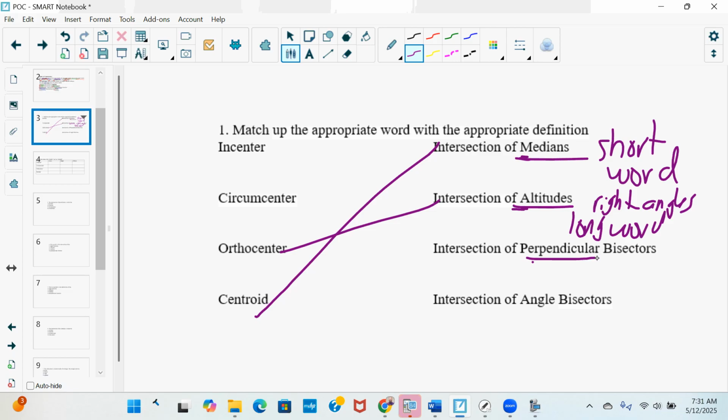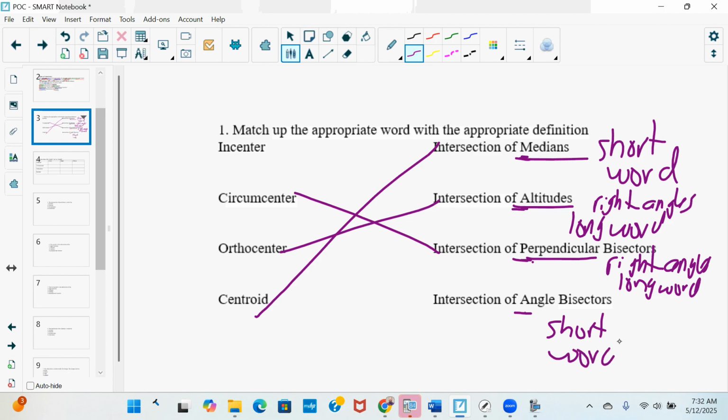Perpendicular bisector, right angles. Long word. It's got to start with a consonant, circumcenter. Angle bisectors, that's no right angle, so it's got to be a short word. It's got to start with a vowel, incenter.